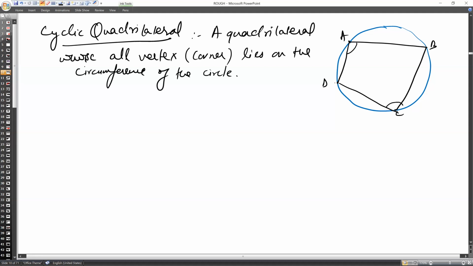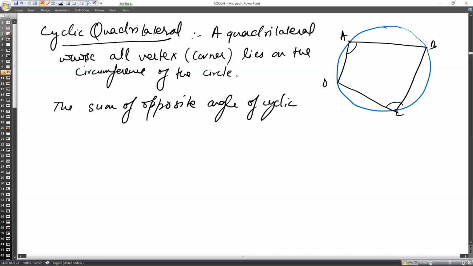So the important thing to remember is that in a cyclic quadrilateral, the sum of opposite angles is 180 degrees. This property is very important.